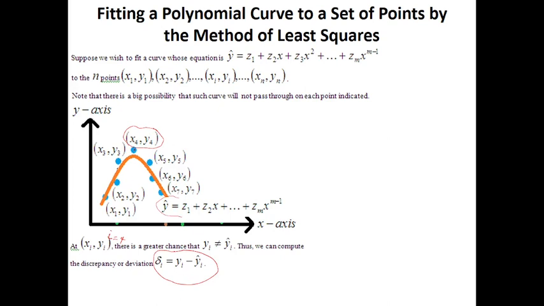This is the actual point x sub 4, y sub 4, and below it is the approximated point, I mean. This is the point x sub 4, y sub 4 hat.